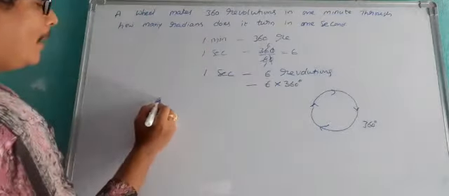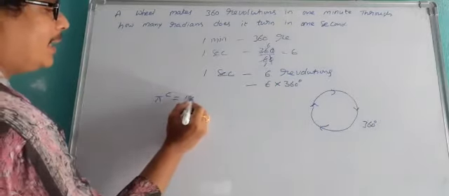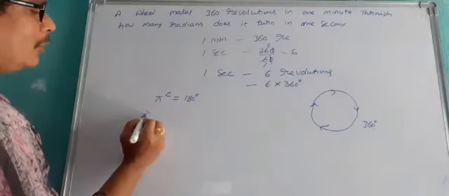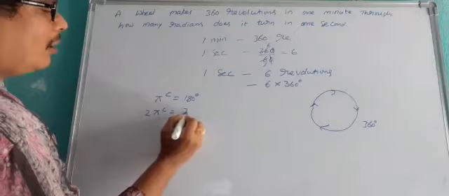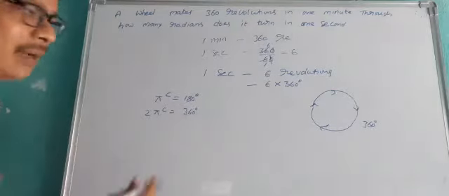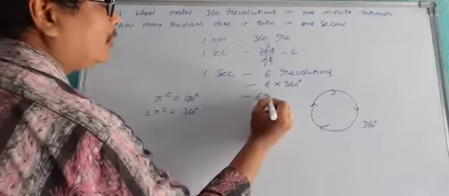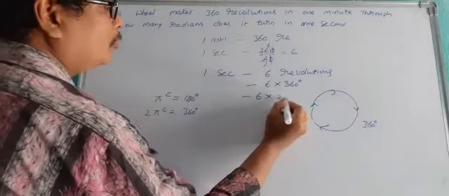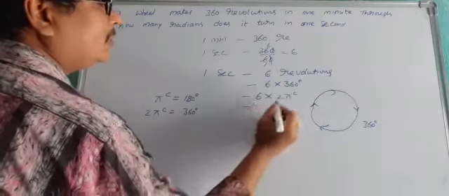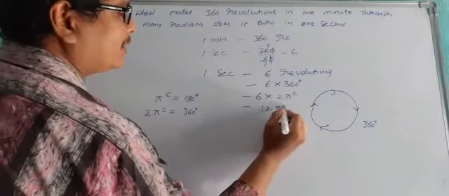We already know pi radians equals 180 degrees. That means 2 pi radians equals how much? 360 degrees, double of 180. So 6 into 2 pi radians. 6 2s are how much? 12 radians.